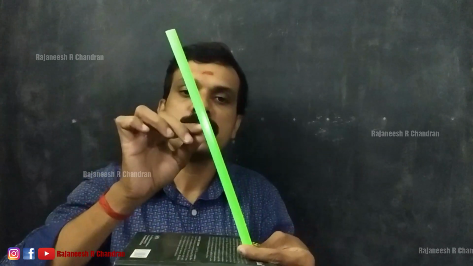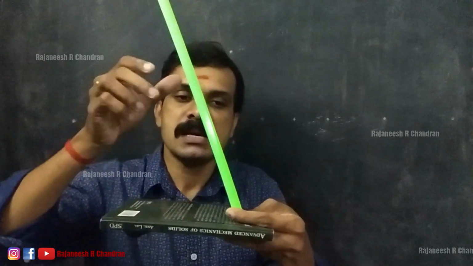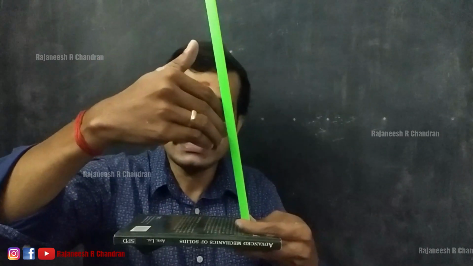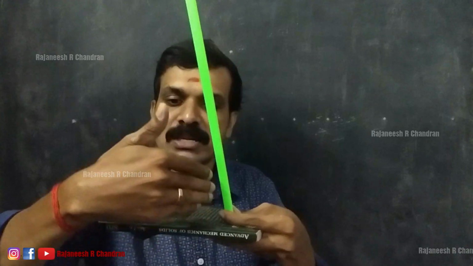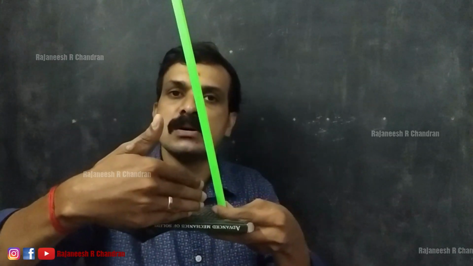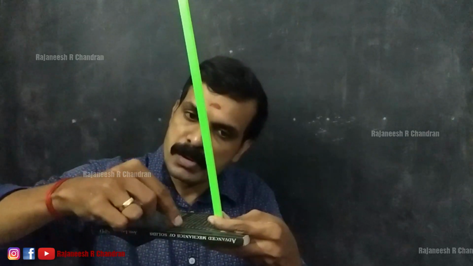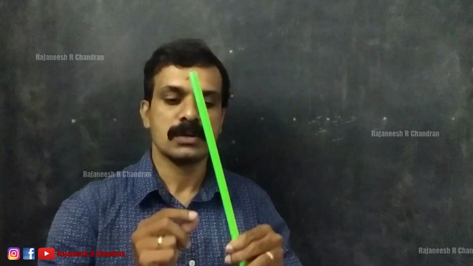That angle is known as the true inclination of the line with respect to this HP. Suppose this line is inclined like this, the plane containing that line will also be tilted like this. So now this is the plane perpendicular to the line, and we have to measure like this only. This angle is known as the true inclination of a line with respect to a plane.